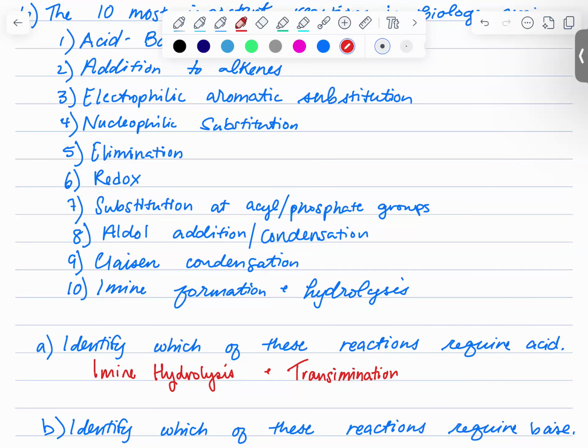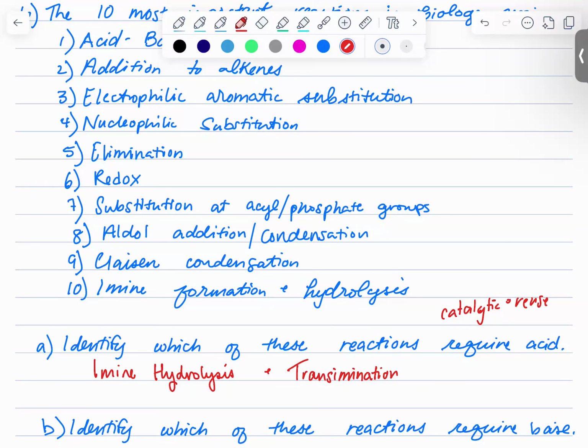Claire? Yes. So when something is catalytic, it means it's reusable. So like an enzyme serves a catalytic purpose where it can do the same reaction over and over again.